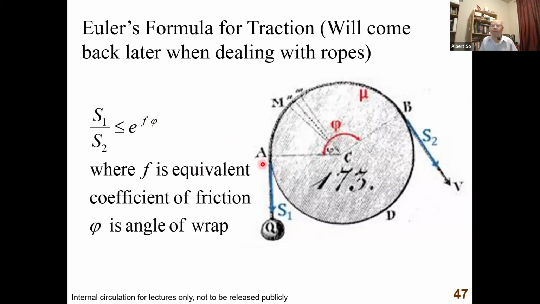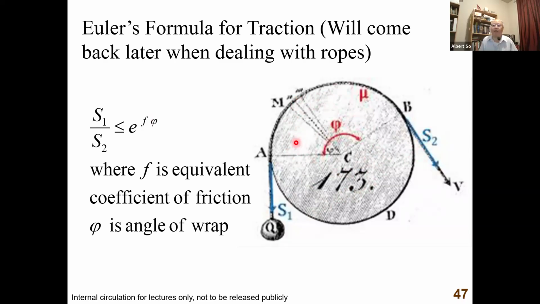So you can see the higher the angle of contact, the higher the ratio. If a small S2 can provide a big S1, that would be good. That's why if S2 becomes 0, the sheave is functionless.